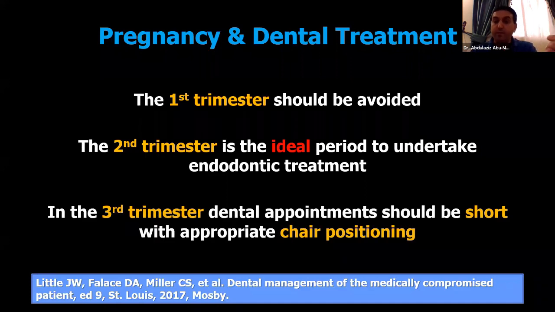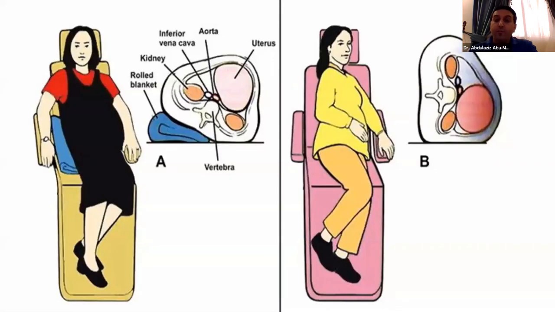Now with the third trimester, yes, you can treat that patient, but you need to be cautious because you need to make the visit short and you need to make the position different. It's not the chair itself, but the position of the patient, how she is sitting on the chair. You need to make her go on the left side, lift her right over the left leg, and you can place a blanket underneath her, or you can push her all the way on the other side. Why?